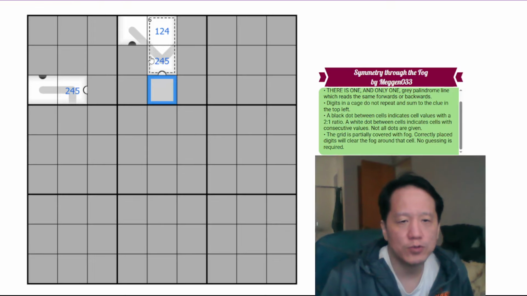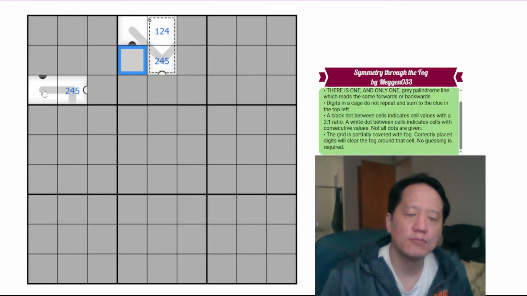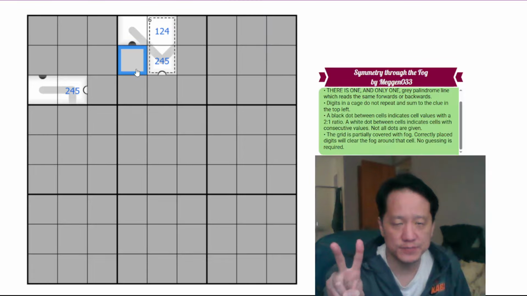Also, we know this digit is in a 1-to-2 ratio with both of these cells, because again, this is the palindrome. And these two are in the same row, so this digit is in a 1-to-2 ratio with 2 unique digits.